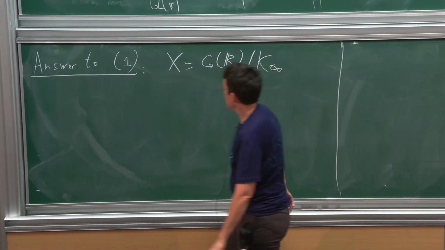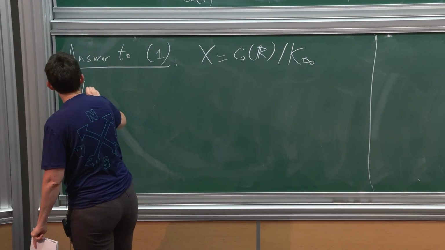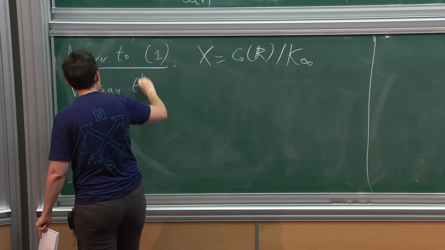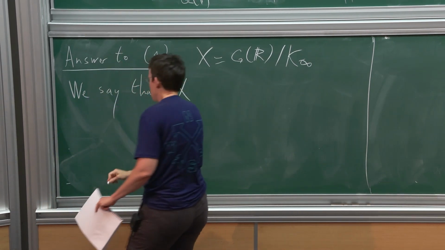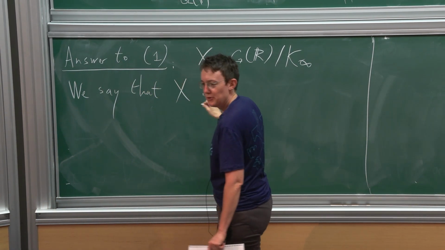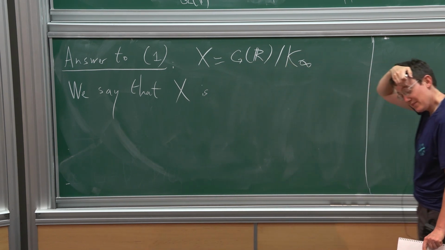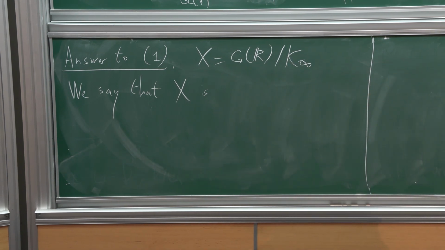Okay, so what we want to know is when does X satisfy the same kind of conditions, but the complex version of those conditions.